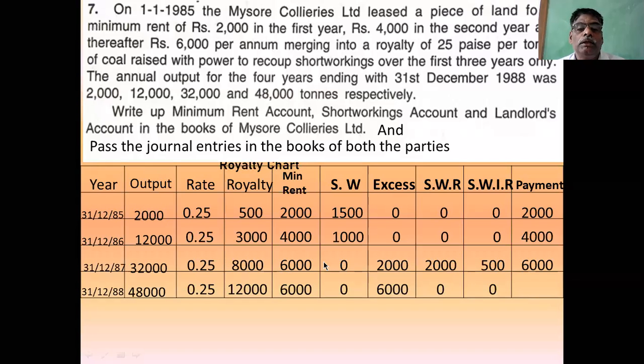Royalty 8,000 plus SW 0 minus SWR 2,000 is equal to 6,000. The next is 12,000 plus 0 minus 0, 12,000.